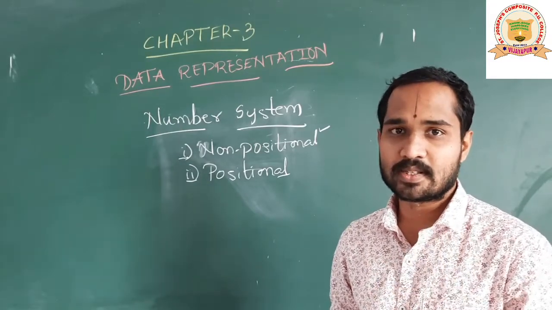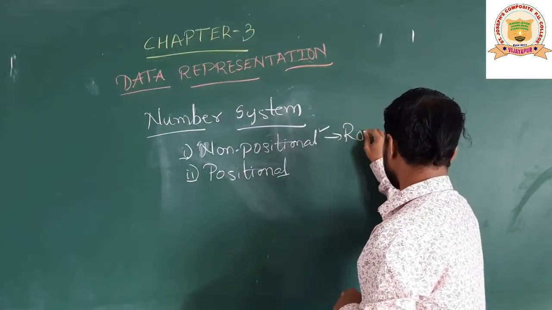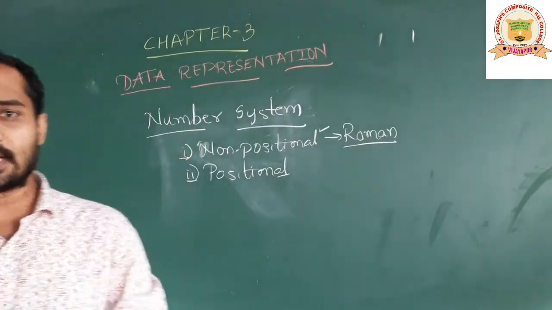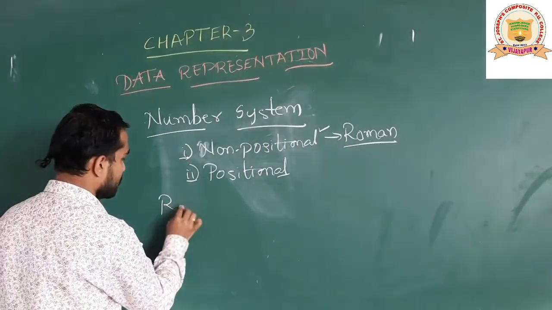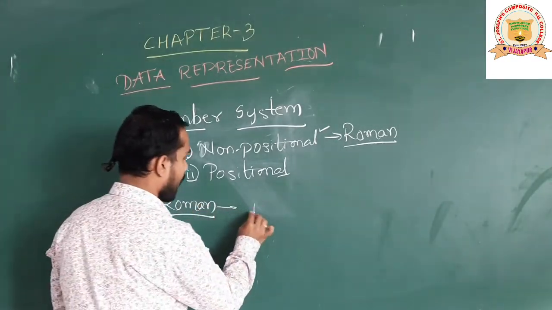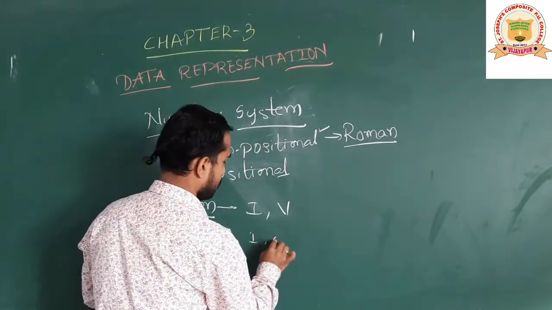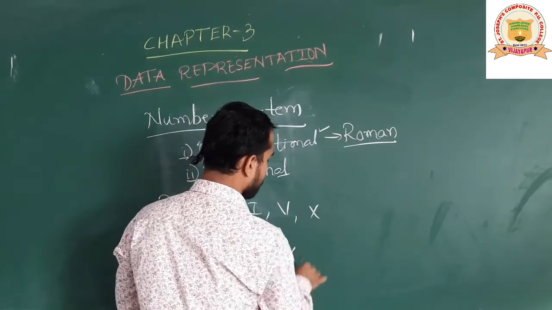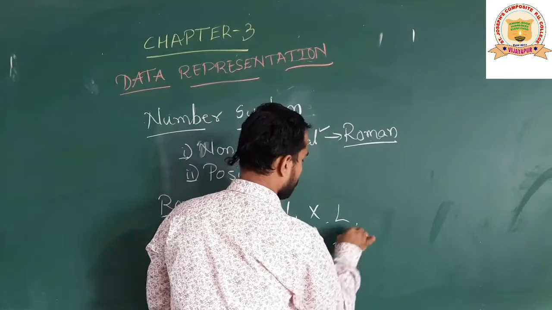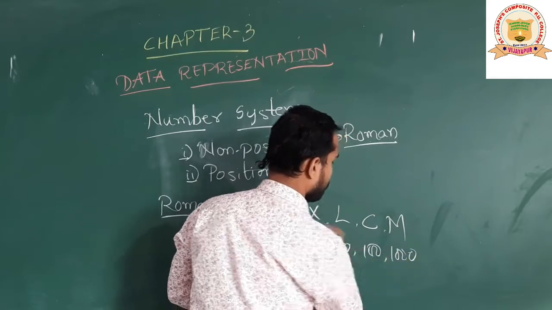Which type of number system is this? Can you guess? I think some of you would have guessed it. It is called the Roman number system. Correct? What happens in the Roman number system? You do not have any positions. You just say I for 1, V for 5, X for 10, L for 50, C for 100, M for 1000, and so on.